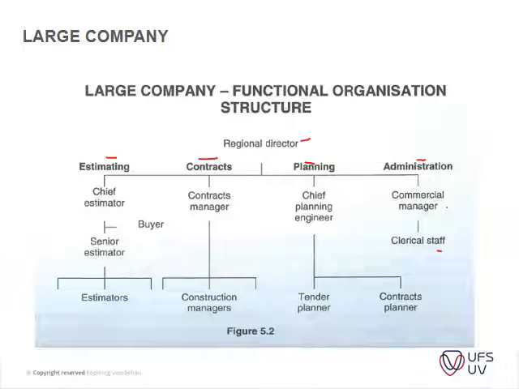You've got your chief estimator, then your senior estimator, and then you've got a buyer. The buyers are not estimators, but they usually do the actual buying from suppliers and so on.